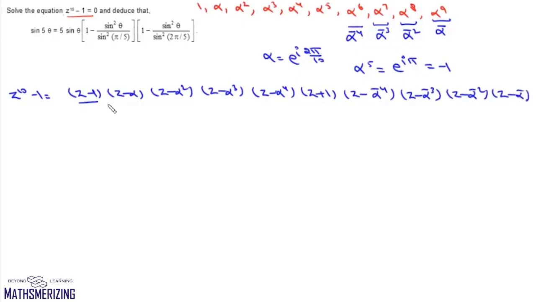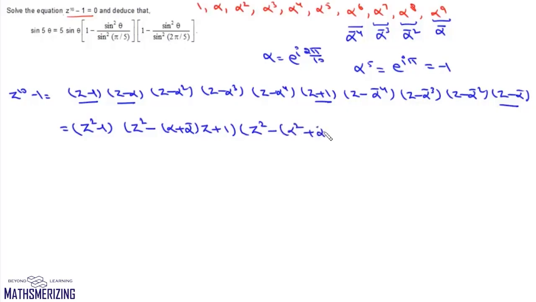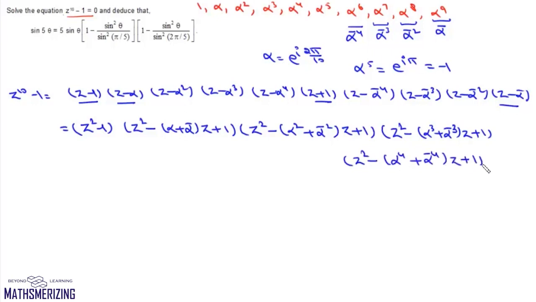Now we'll take z plus 1 and z minus 1 together. We can write this as z square minus 1. We'll take these two together. We'll write z square minus (alpha plus alpha bar) z plus 1. Next one will be z square minus (alpha square plus alpha bar square) into z plus 1. Then z square minus (alpha cube plus alpha bar cube) z plus 1. And finally z square minus (alpha to the power 4 plus alpha bar to the power 4) z plus 1.